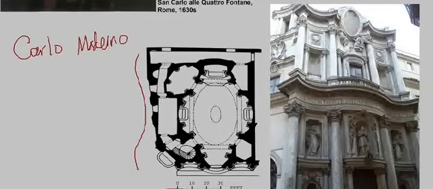And importantly, Borromini had actually worked with Carlo Maderno, and Carlo Maderno was actually a distant relative of his. So it's not surprising that he would have absorbed some of what Carlo Maderno had done in the earlier Baroque. But there is something very different about this facade from what Carlo Maderno had done.